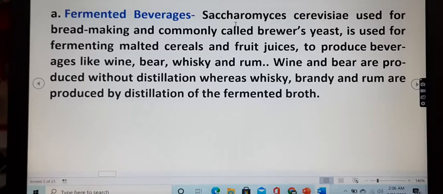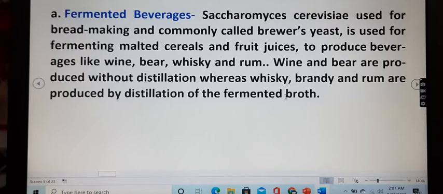So this fungus is used in the production of beverages and bread making. It is used for fermenting malted cereals and fruit juices to produce beverages like wine, beer, whiskey and rum.